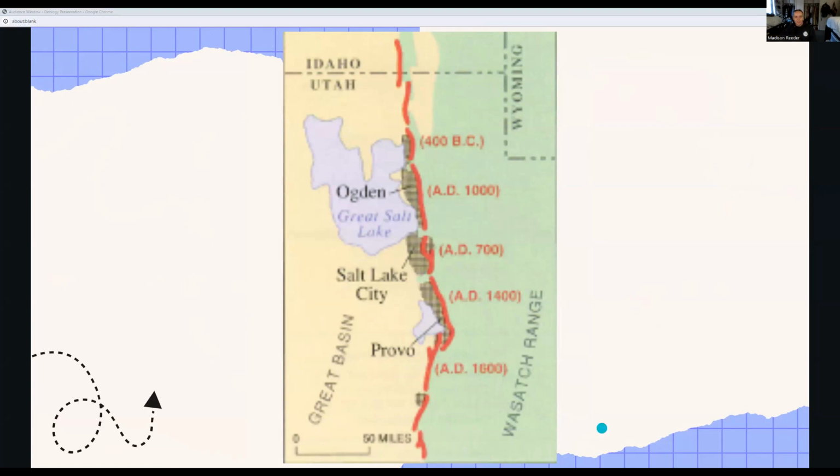And as you can see, this is the Brigham City section, their fault last recorded was 400 BC. That is such a long time ago, and many people think that since it was such a long time ago, it's the most vulnerable to an earthquake with a magnitude of 6.5 or greater today.